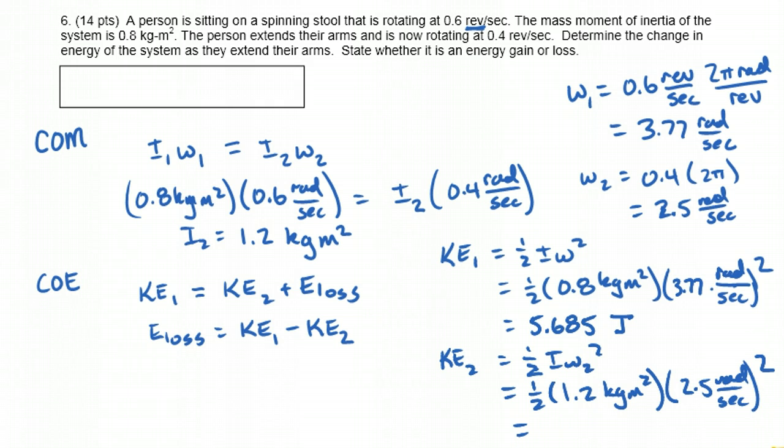And that will give me 0.5 times 1.2 times 2.5 squared. 3.75 joules. Okay, looks like I have a little bit of round off error there. That should have been 2.51.